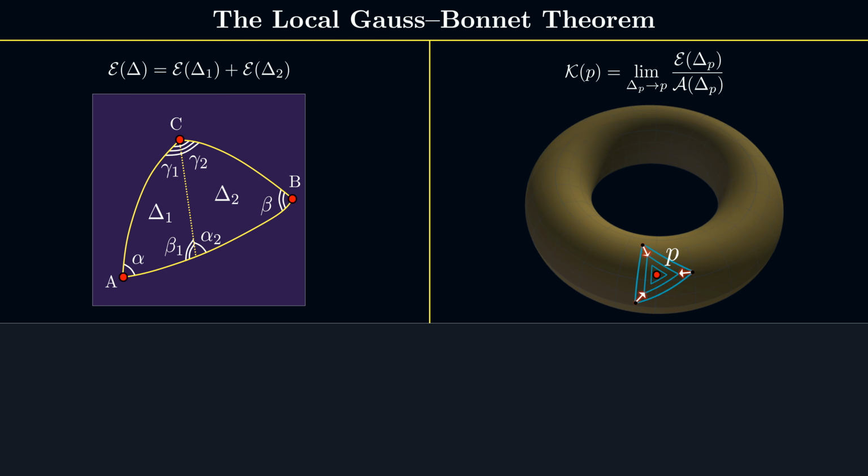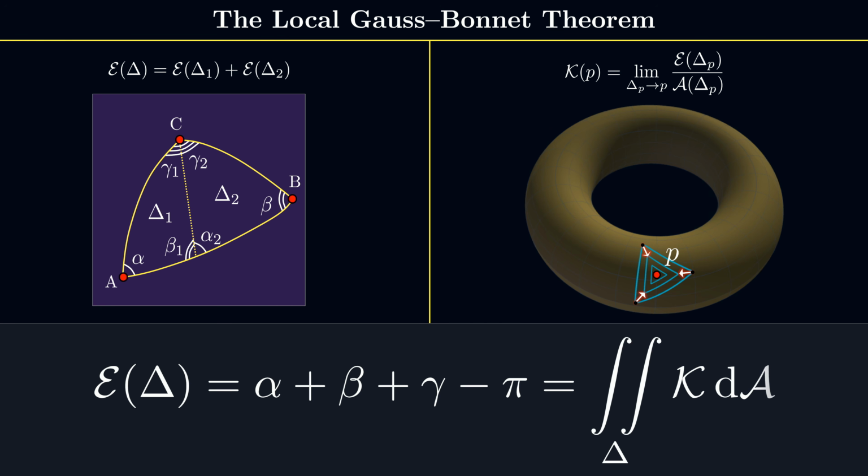Furthermore, the Gaussian curvature at each point shows the amount of angular excess distributed per unit area in an infinitely small neighborhood of this point. Therefore, if we divide the geodesic triangle into a multitude of infinitely small elements and sum their contributions, then in the limit, this sum turns into an integral over the entire region. As a result, we obtain the local Gauss-Bonnet theorem.